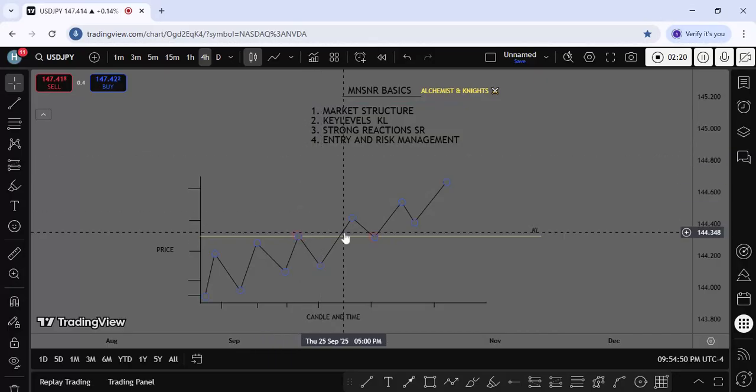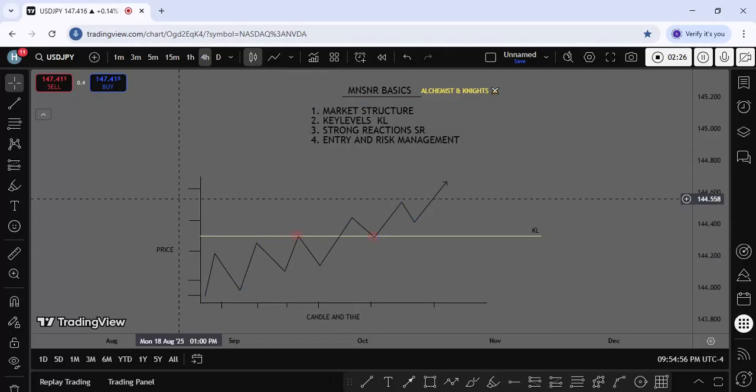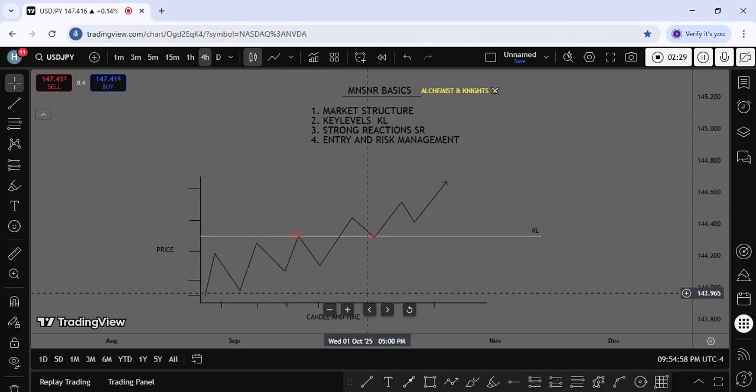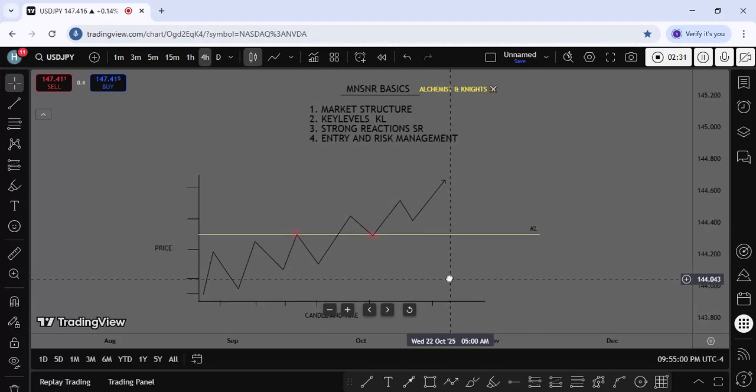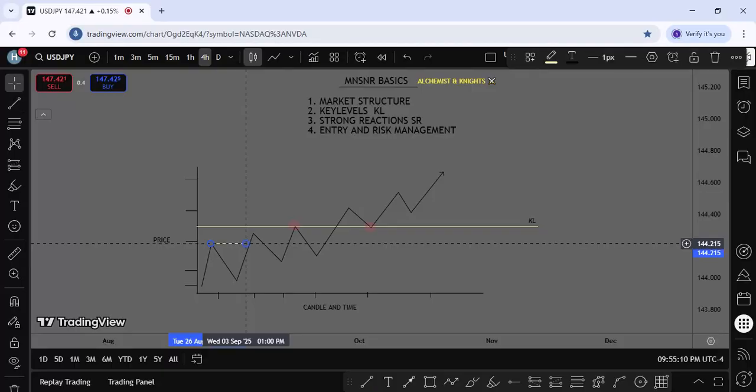Market structure basically is these highs and lows. This is an illustration of the Malaysian SNR in general. So let's get started. Simply, this is normal market structure. We have highs and lows.